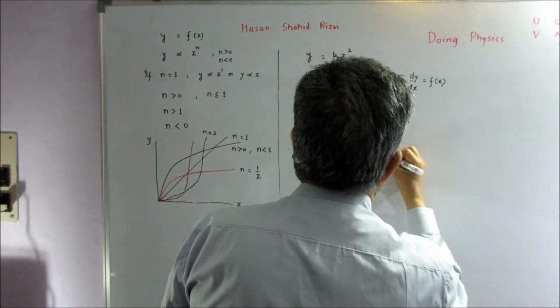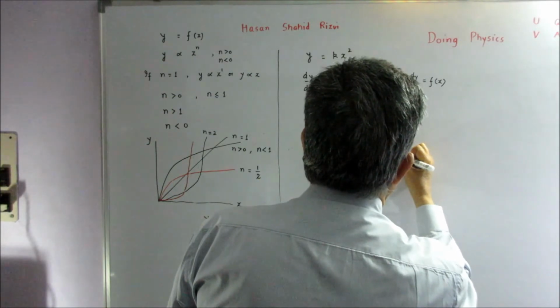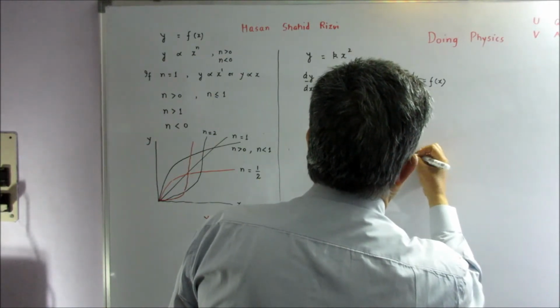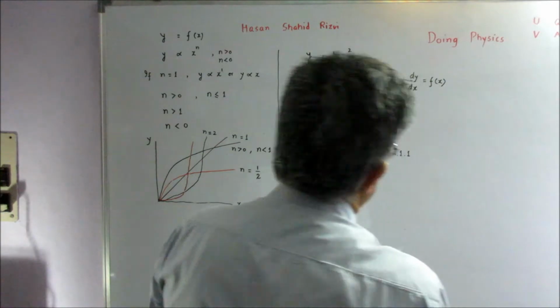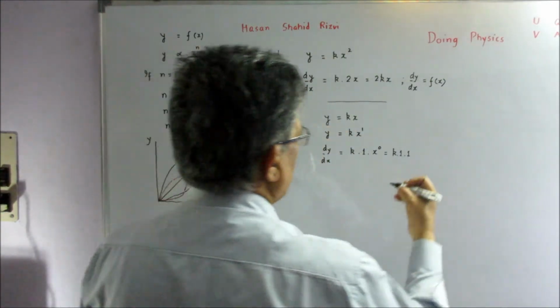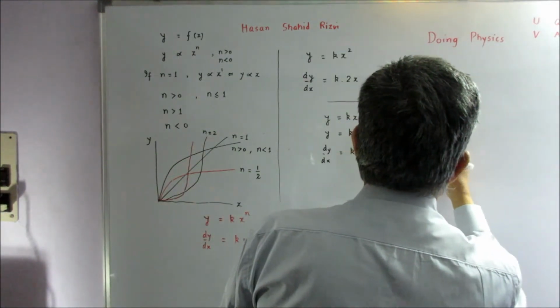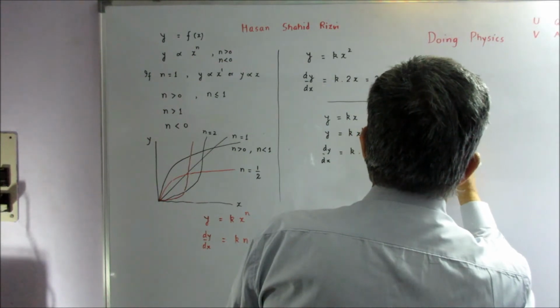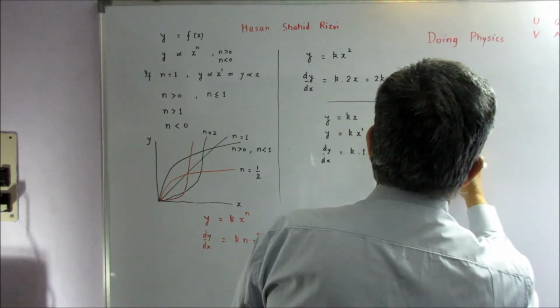So this is k into 1 into 1 as x to the power of 0 is equal to 1.